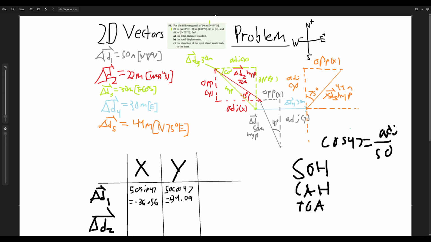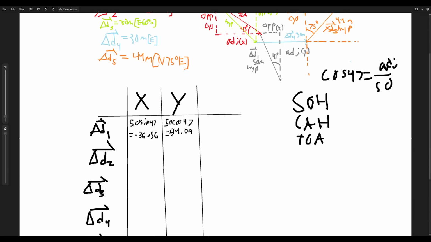So 22 cos 43, and it's going to be negative because this is moving west again. I got 16.08, so put negative 16.08.